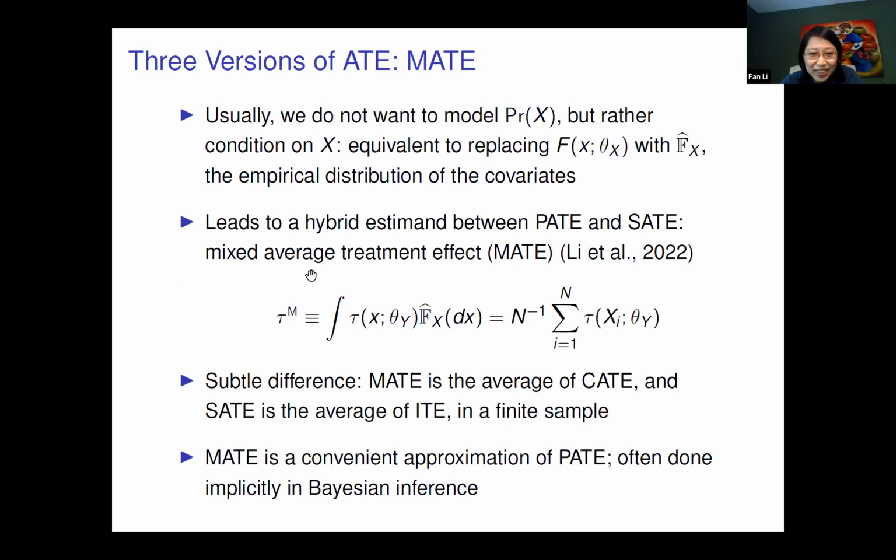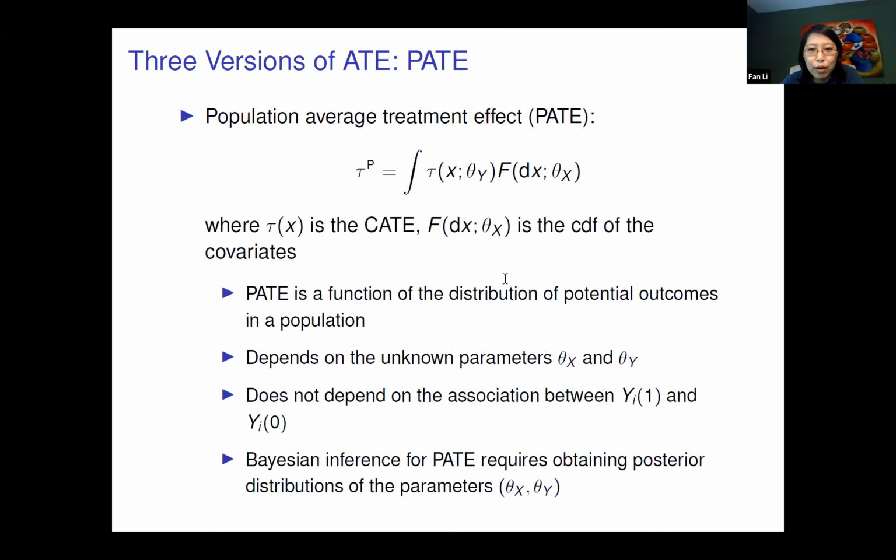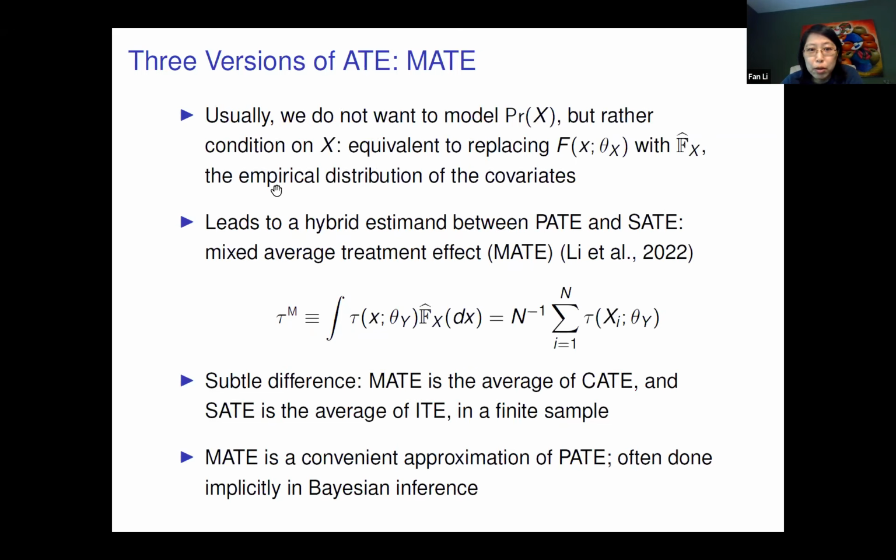It's a hybrid; calling it HATE would be a really terrible name. So MATE is the same as before, a CATE that we average over, but instead of using the population distribution of X, we use the empirical distribution of the covariates, essentially conditioning on that.